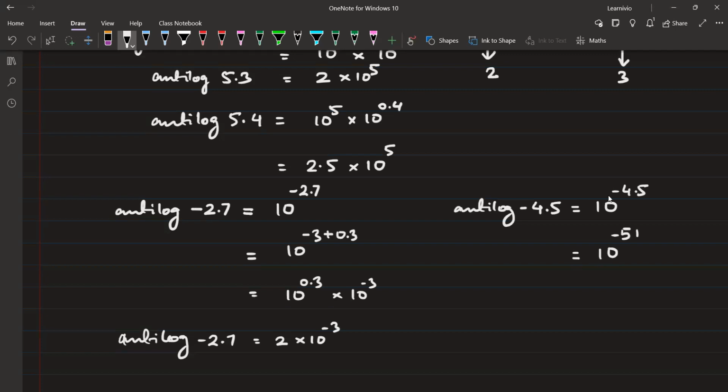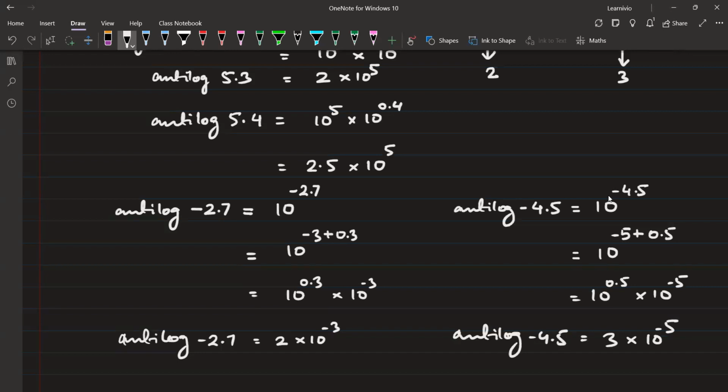In -5 you have to add 0.5 to get -4.5. So now this will be 10 to the power 0.5 into 10 to the power -5. 10 to the power 0.5 is approximately 3, so it is approximately 3 into 10 to the power -5. So this is the antilog of -4.5.